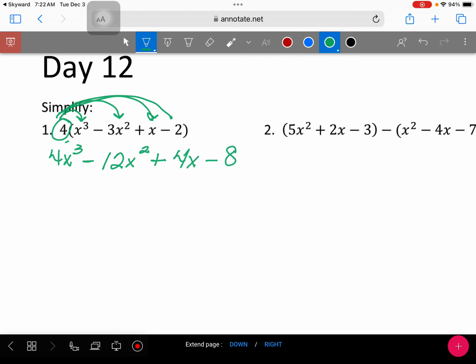What's the degree of the first term? 3. What's the degree of the second term? 1. And what's the degree of a constant? Should be 0. Is that going from greatest to least?